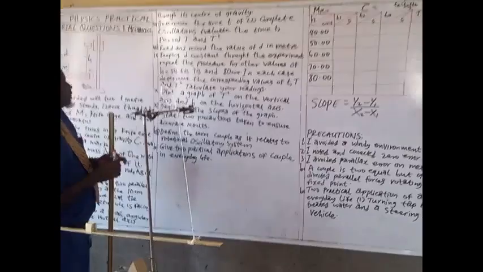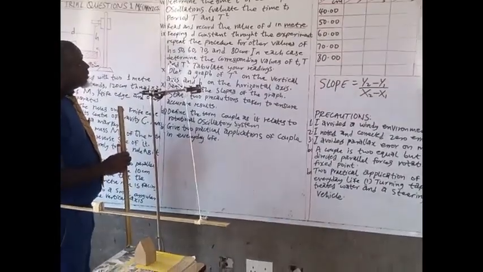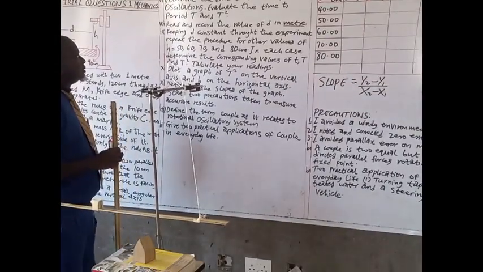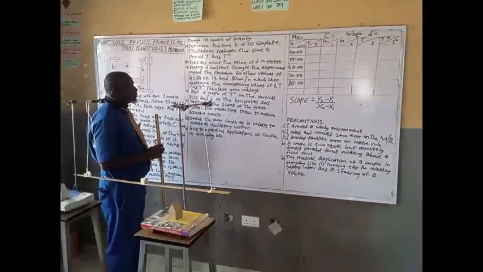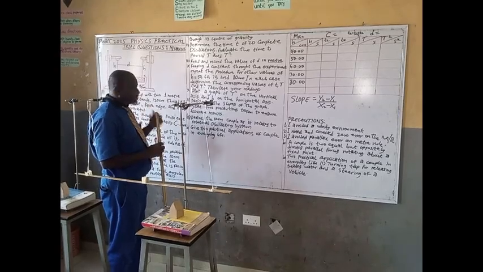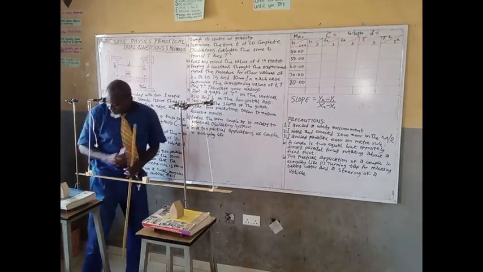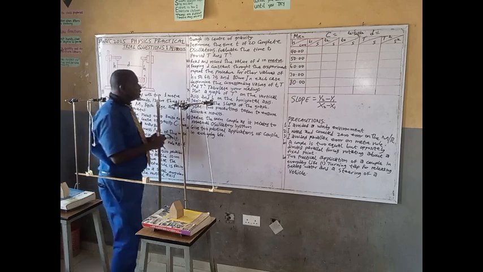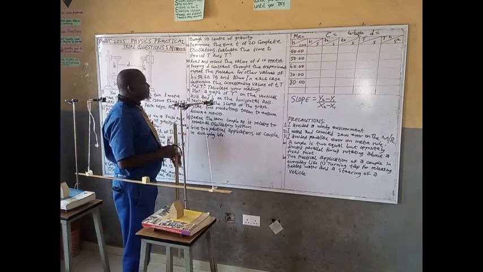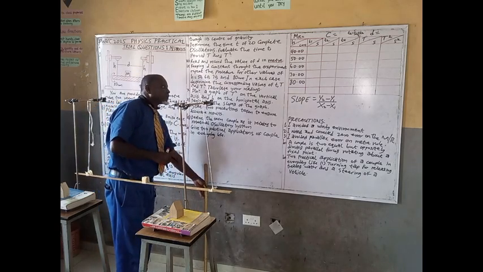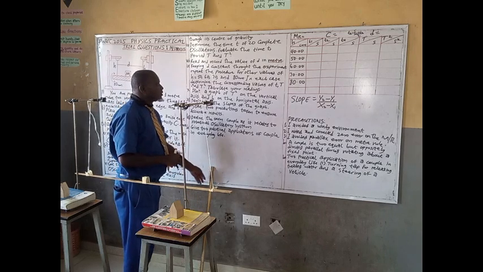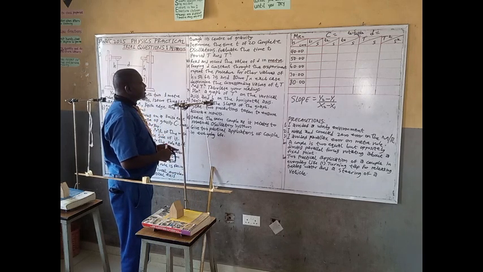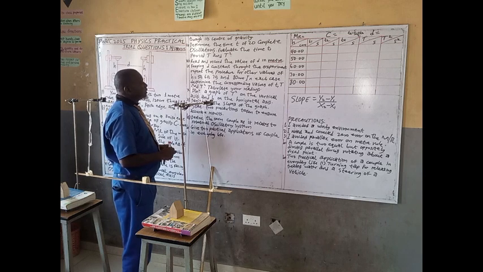Read and record the value of D in meter. 9. Keeping D constant throughout the experiment, repeat the procedure for other values of H equal to 50, 60, 70, and 80 centimeter. In each case, determine the corresponding values of T, that is period, and T squared.